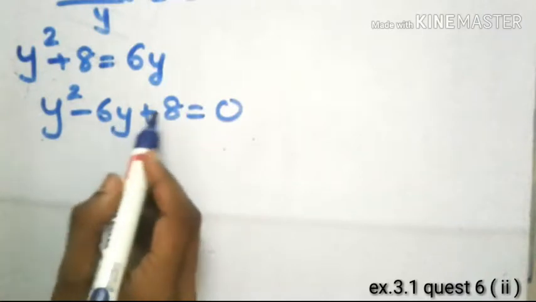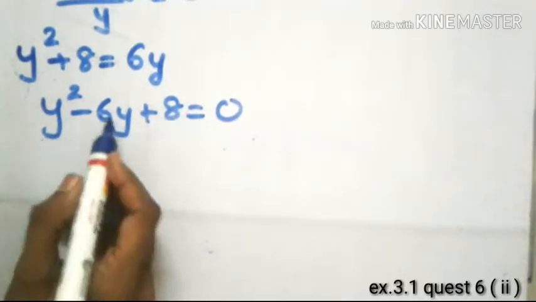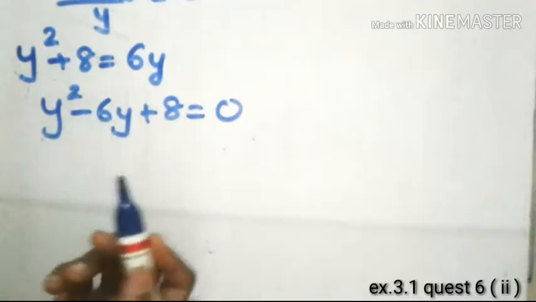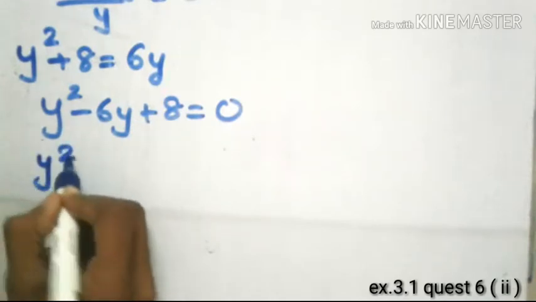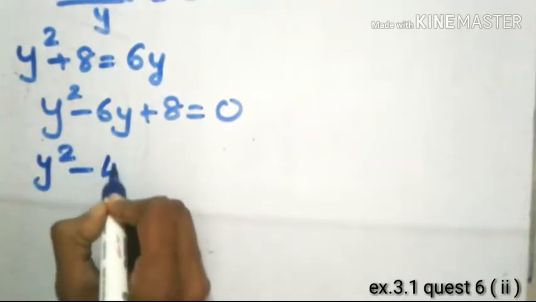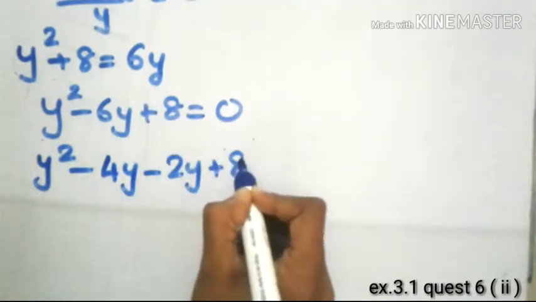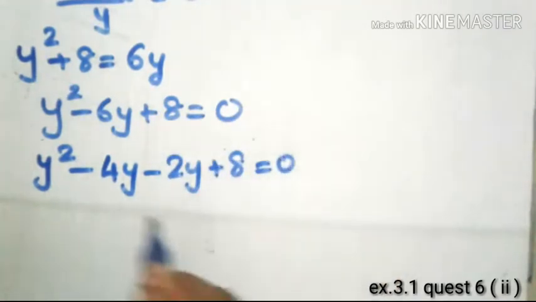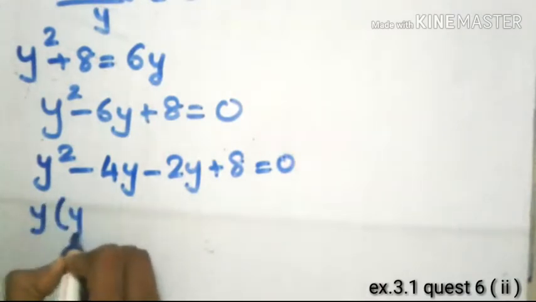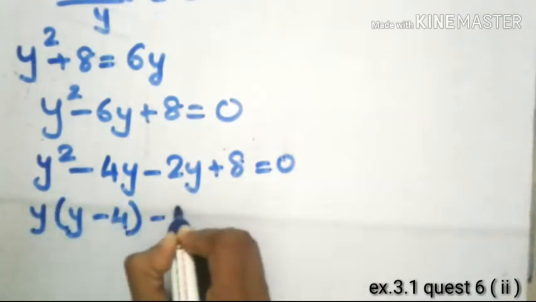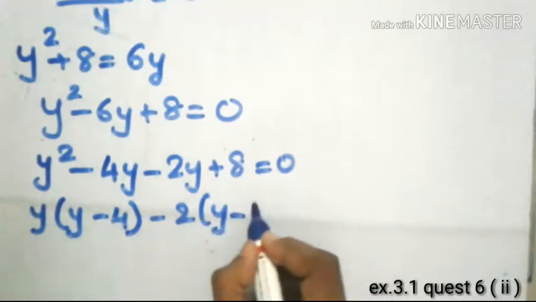So I have to find the factors of 8 so that I will get the sum as 6, your typical quadratic. So I'll get y square minus 4y minus 2y plus 8 is equal to 0. So I will take out y common here, and I'll take out 2 common here.